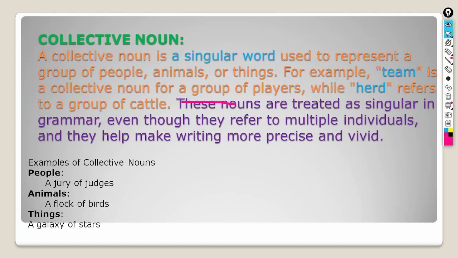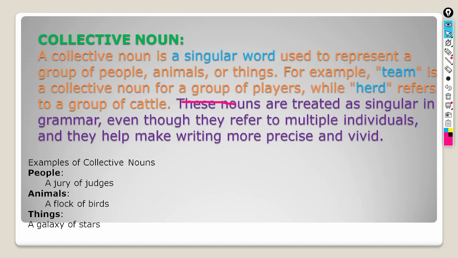Now let's come to the collective noun. What do you understand by collective noun? Collective word actually stands for a group, a cluster, a bunch, or a team. Therefore, a collective noun is a singular word used to represent a group of people, animals, or things.